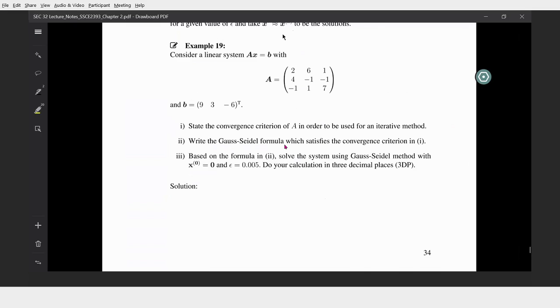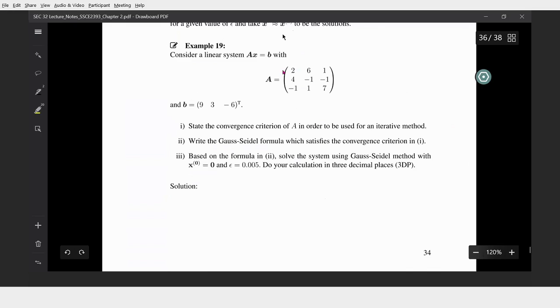So write the Gauss-Seidel formula which satisfies the convergence criteria in 1. First of all, is A already SDD? Yes or no? No. Obviously. Here you look in terms of each row which coefficient is the largest.